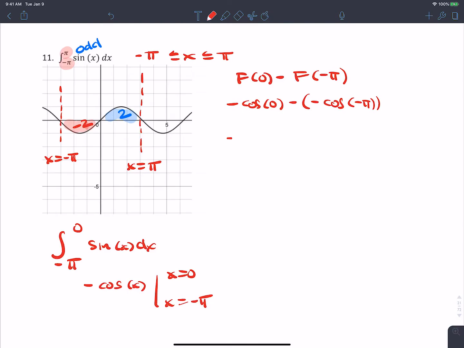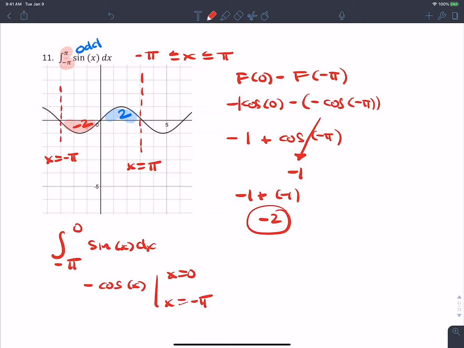So I'm being careful. Remember, cosine of 0 is 1, so that's a -1, because this is -1 times cosine of 0. Minus and minus makes that a plus. Plus cosine of minus pi. Now, what's cosine of minus pi? Anybody remember? Is that negative 1? What's negative 1 plus negative 1? Negative 2. Sure enough, it is negative 2.